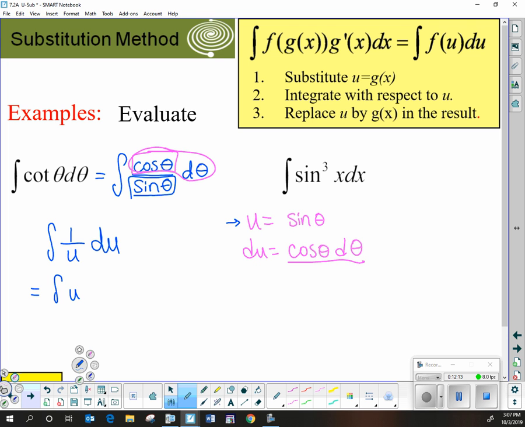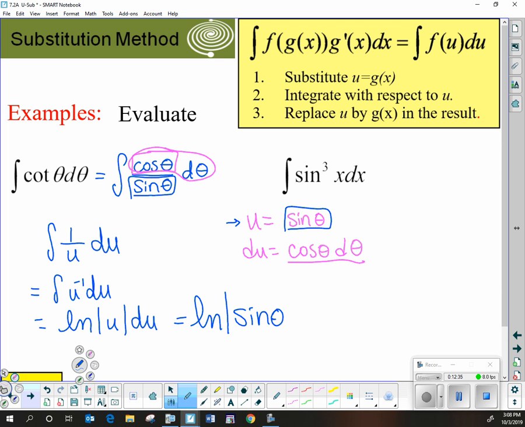If you don't recognize it, you might recognize it if you switched into exponent form. And that makes this natural log absolute value of u du. Rewrite that in terms of theta, sorry about that. My u was sine theta plus c. Final answer.